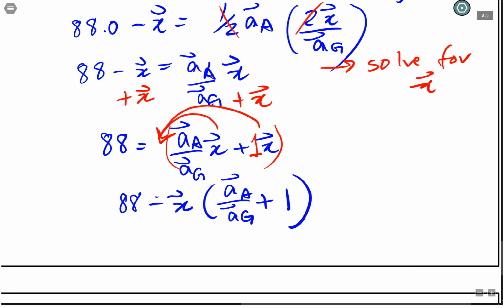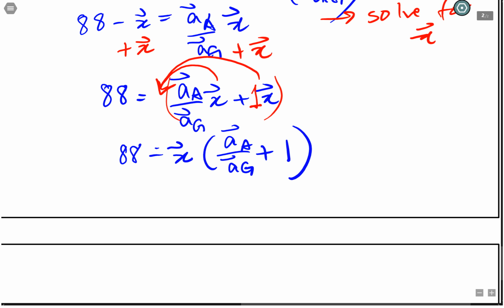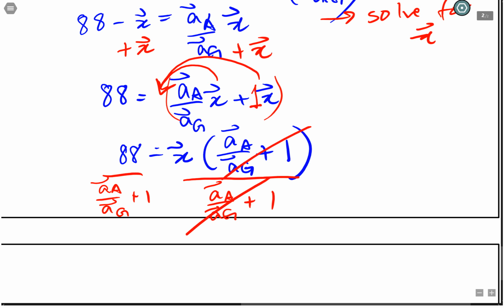The last thing I need to do is divide both sides by Alfred's acceleration divided by George's acceleration plus 1. This leaves me with x is equal to 88 divided by a of Alfred over a of George, plus 1.